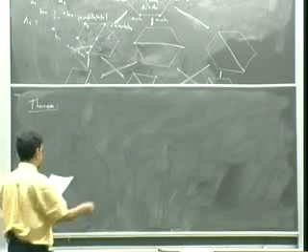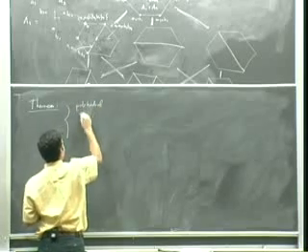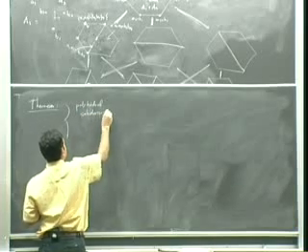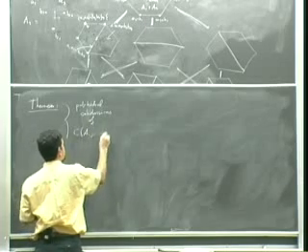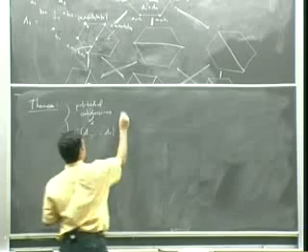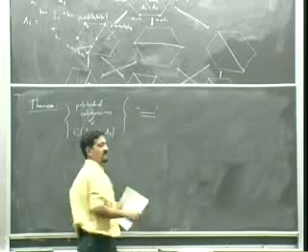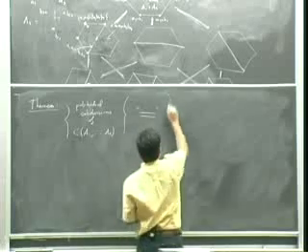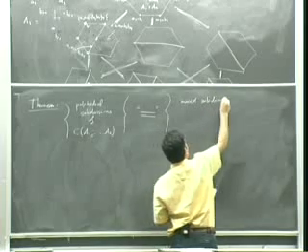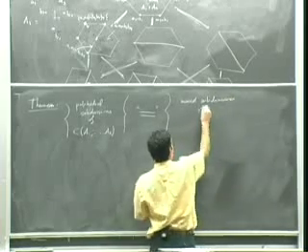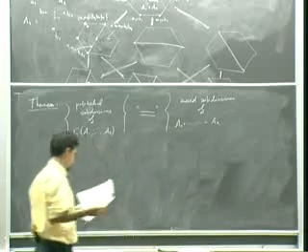And the theorem says that the set of polyhedral subdivisions of this Cayley embedding is equal to, or there's a canonical bijection if you prefer, to the set of mixed subdivisions of A1 plus AK.